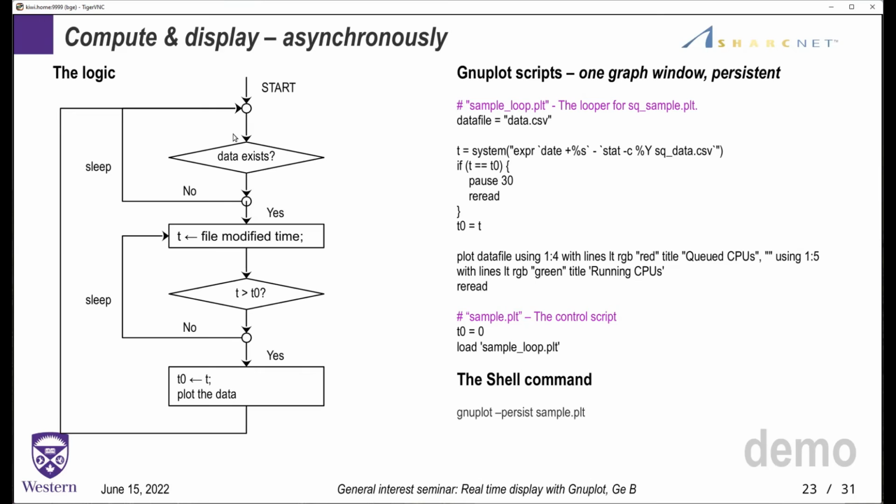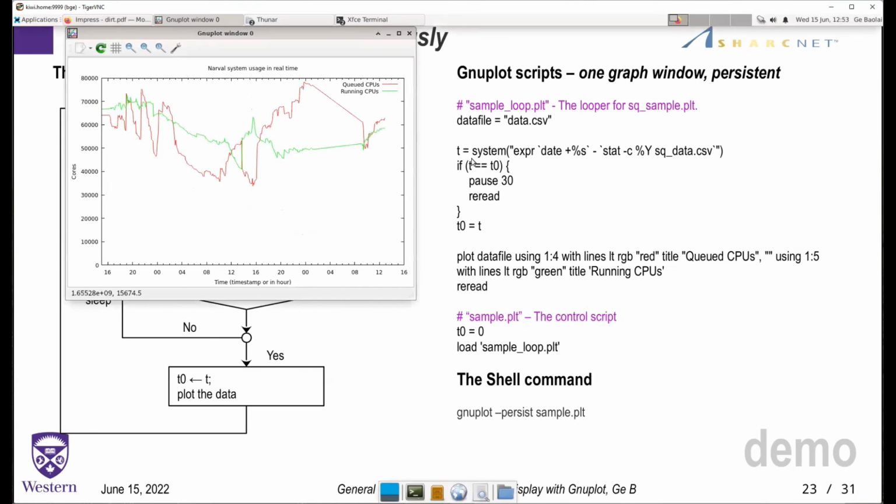So we need to have this little bit of smart logic built in so that the Gnuplot will not be in a busy wait. Here's what we do in the Gnuplot script. We get a timestamp from the system and compare the timestamps. If it is not new, then we pause, sleep for 30 seconds, and reread. This reread will force the Gnuplot to go back.